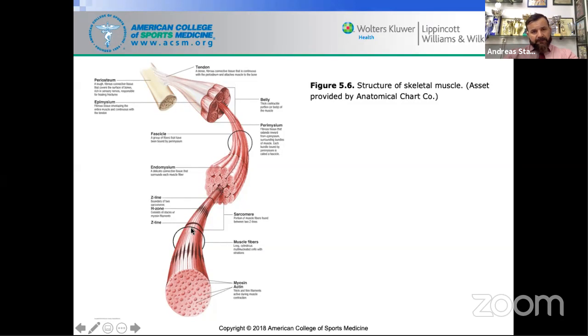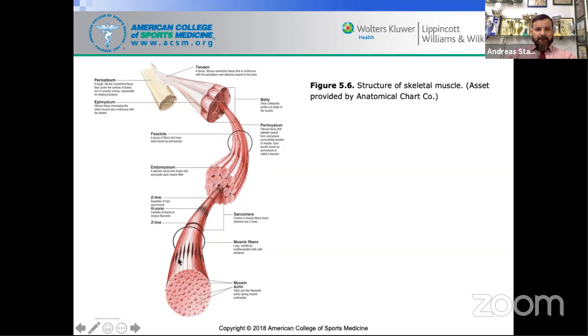Each muscle fiber, we can break down into smaller contractile units. And the term to describe the part from one Z line to the other Z line is sarcomere. When we put all these sarcomeres next to each other, we have a muscle fiber.